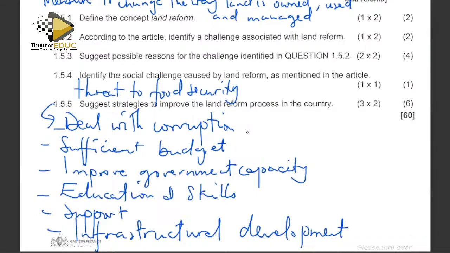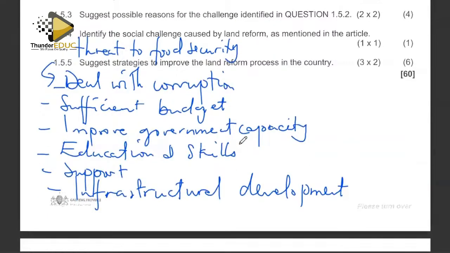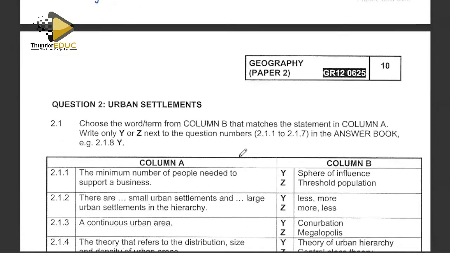We need to develop infrastructure so that the resettled farmers have access to basic infrastructure that will enable them to be productive enough. Right, so if we try to address some of those things, then that can help us attain a productive land reform.